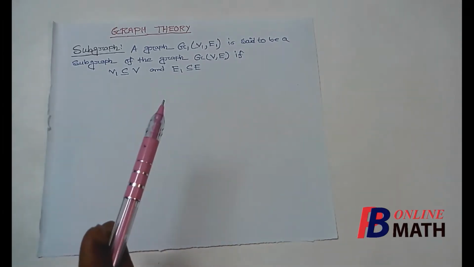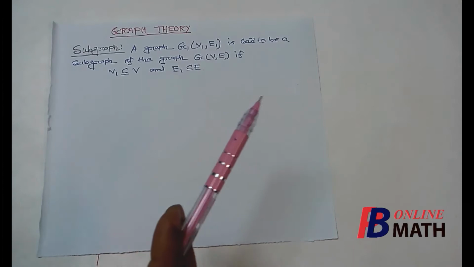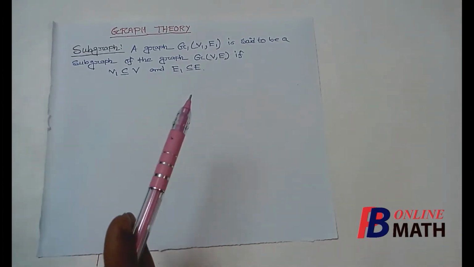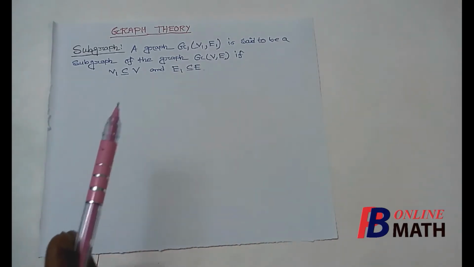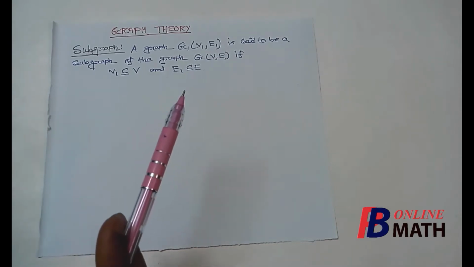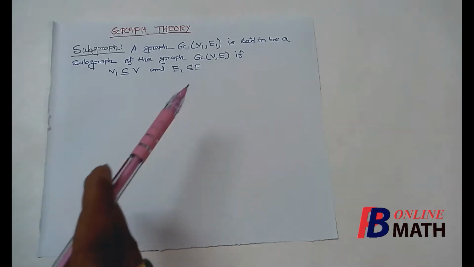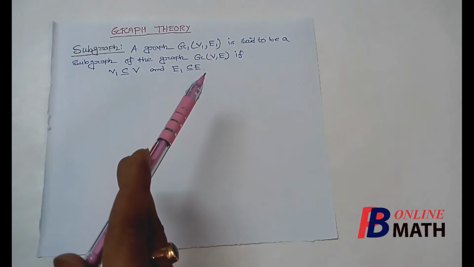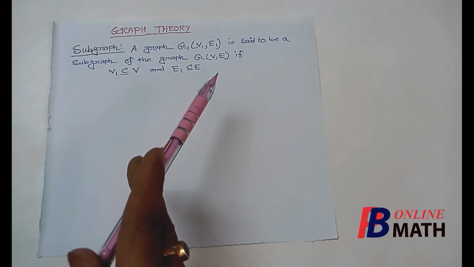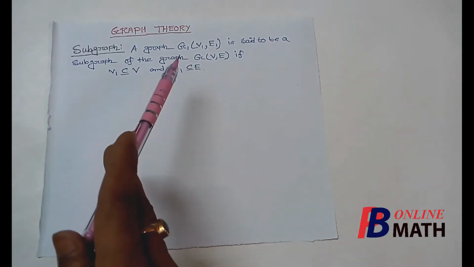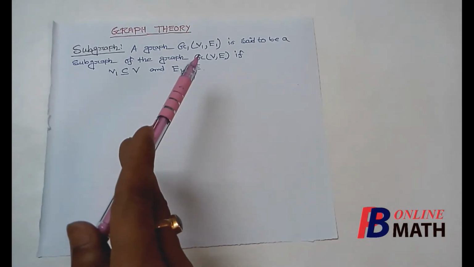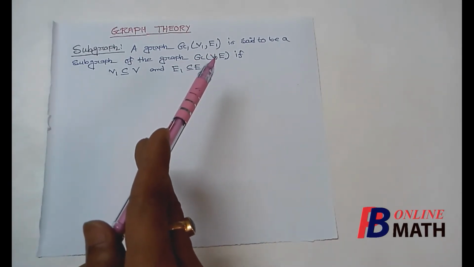A graph G1 (V1, E1) is said to be a subgraph of the graph G if V1 is a subset of V and E1 is a subset of E. For the graph G, V is the set of vertices and E is the set of edges, and for the graph G1, V1 is the set of vertices and E1 is the set of edges.